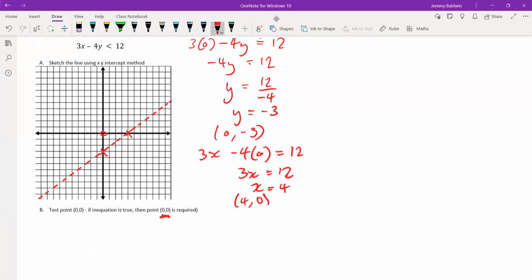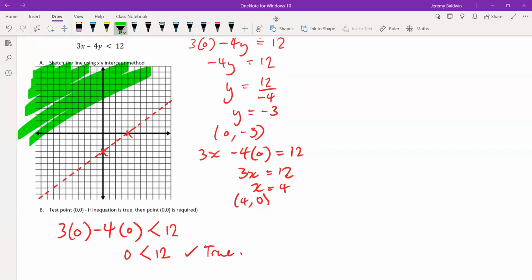Testing the point 0, 0: 3 times 0 minus 4 times 0 is less than 12. So 0 is less than 12, which is true. That means that point is required in your shaded region, so that's the way we shade.